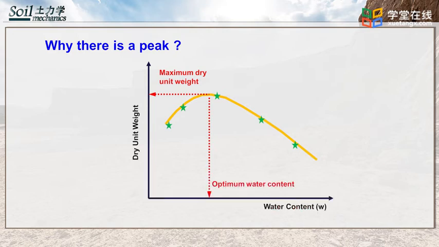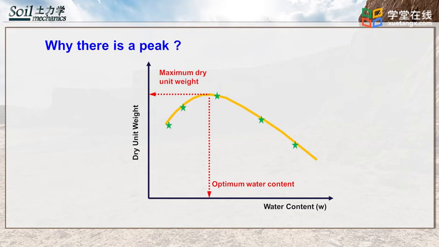Look at the bell-shaped compaction curve for fine-grained soil. You may ask, why is there a peak? Well, when water is added to the soil during compaction, it acts as a softening agent on the soil particles. The soil particles slip over each other and move into a densely packed position.